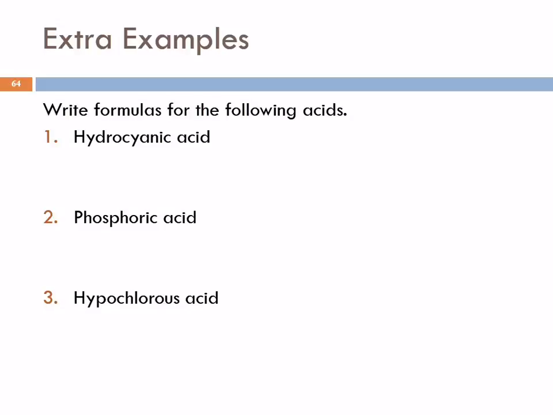Oh, I already did the first one. Hydrocyanic. HCN. There's H plus, always H plus in an acid. And cyanic comes from cyanide. The charge being -1 tells us that we just need one hydrogen. It's HCN, aqueous.